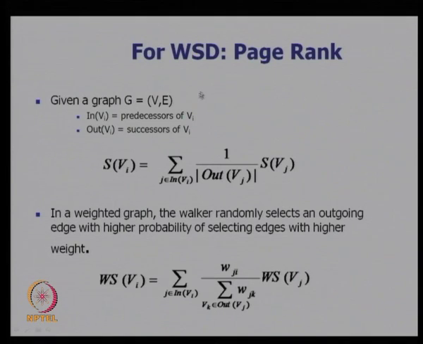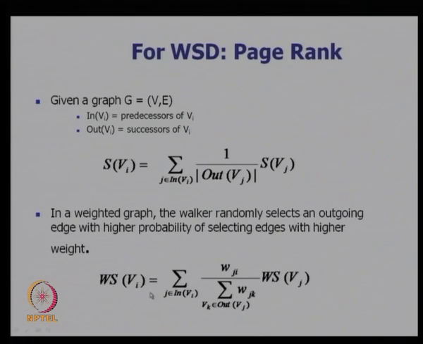Now, for word sense disambiguation, how does PageRank apply? So, given a graph G (V, E), In(Vi) is the set of predecessors of Vi, Out(Vi) is the set of successors of Vi. In a weighted graph, which is what our interest is in, our graph for the senses is a weighted graph. The walker randomly selects an outgoing edge with higher probability of selecting edges with higher weight.